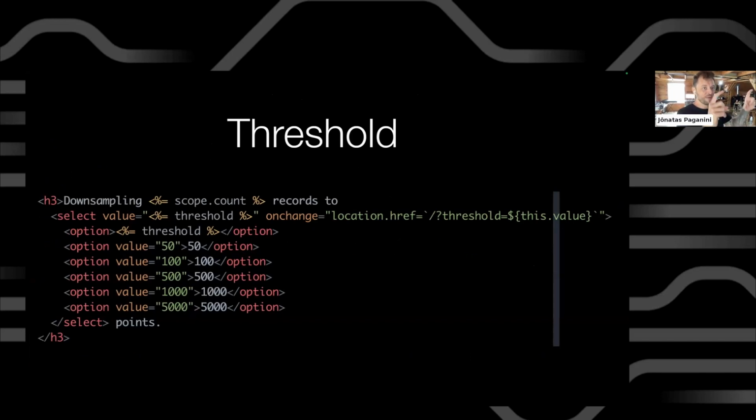We have a combo in the top saying how many elements I would like to check from this, and if I change the threshold, I will change and get back the entire thing. And I'm going to downsample the entire database versus downsampling a small part, right?